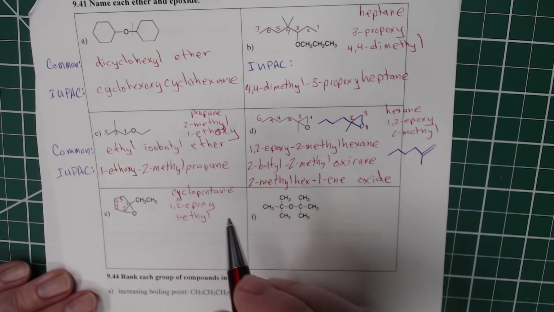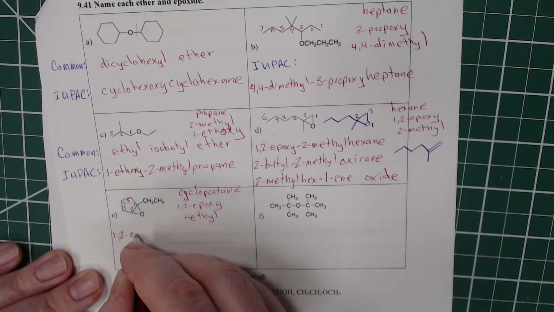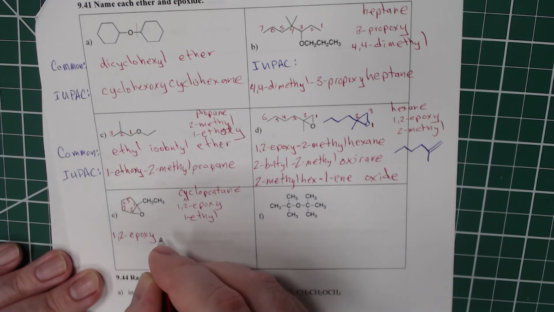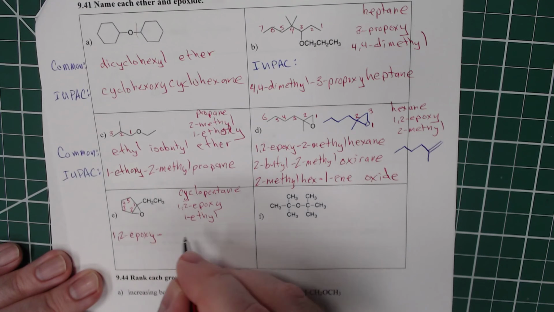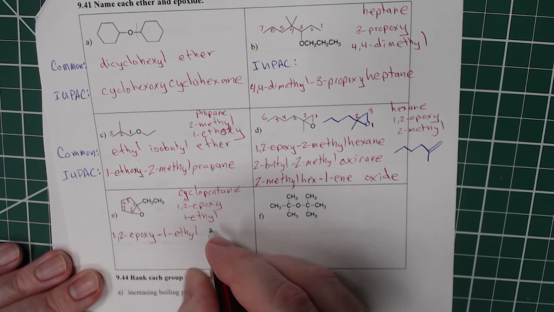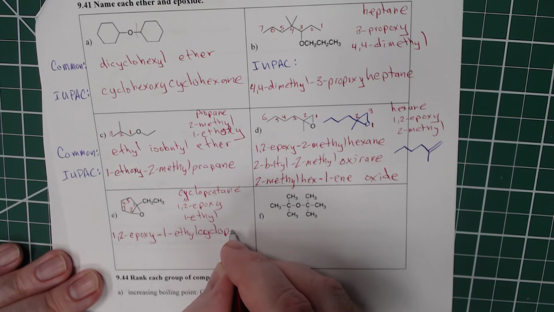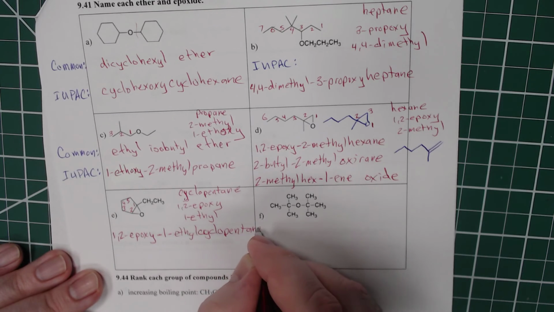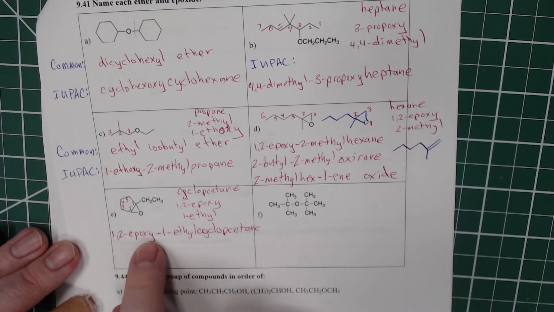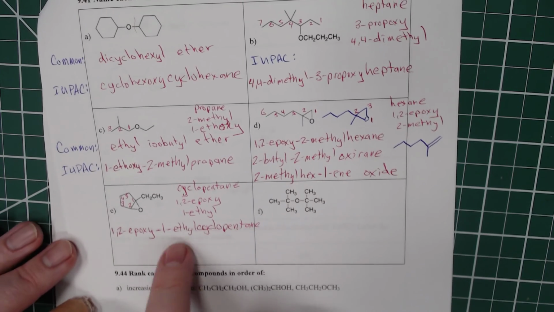Well, the epoxy will come first. So we'll call that 1,2 epoxy 1-ethyl cyclopentane. All right, so 1,2 epoxy 1-ethyl cyclopentane. Sorry, it got a little messy there.